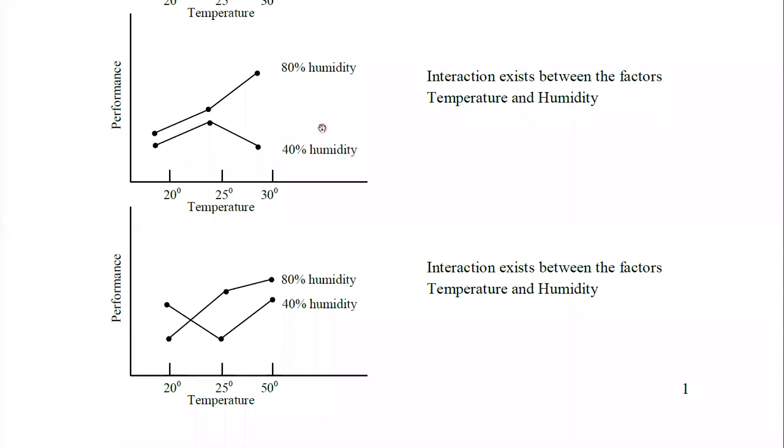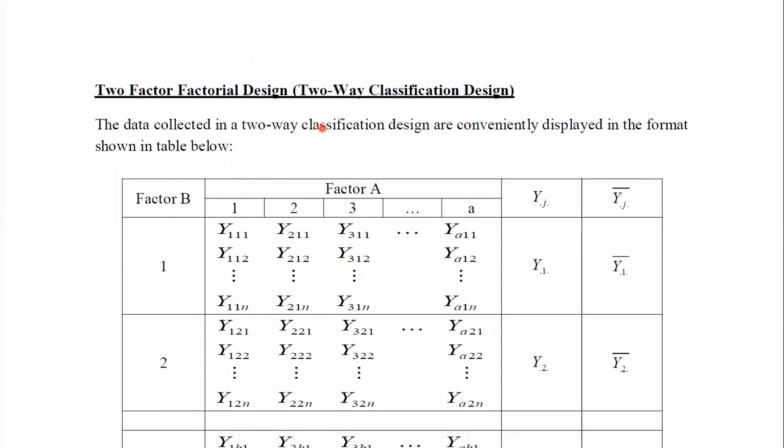Now we will focus on the two-factor factorial design, or we can call it the two-way classification design. In this method, we are going to investigate the behavior of two factors.